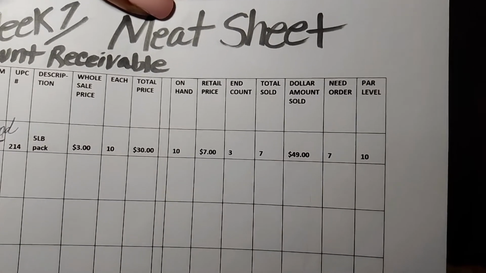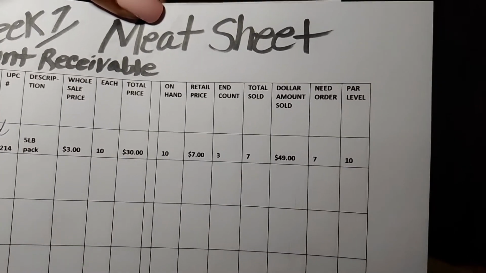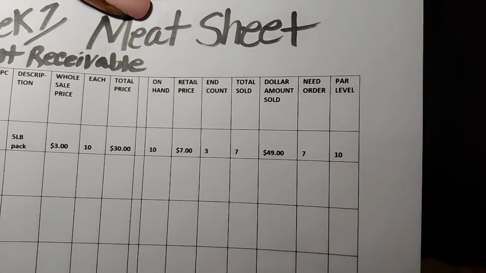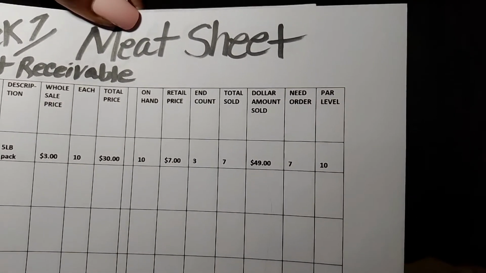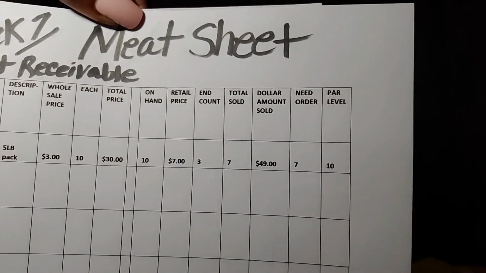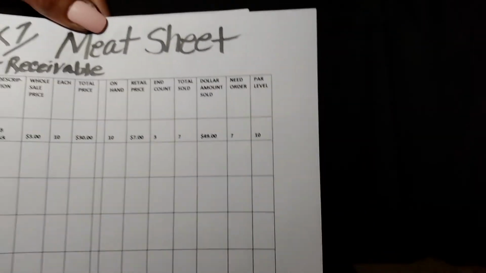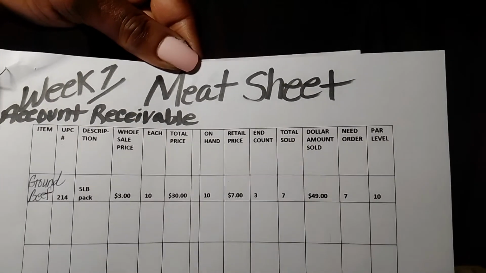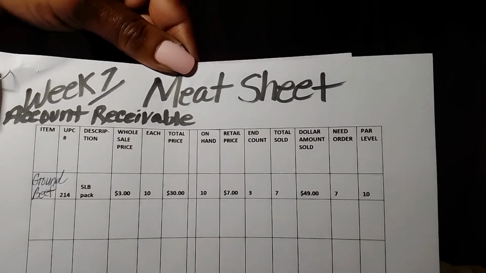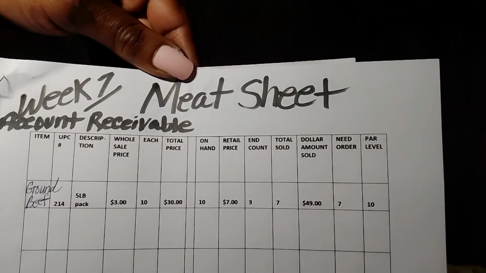And then your total price is $30. That's because the wholesale people charge you $3 for it, and you got 10 of them, so that's $30. Okay? And at the top of that sheet, you see that it says meat sheet, because ground beef is meat.